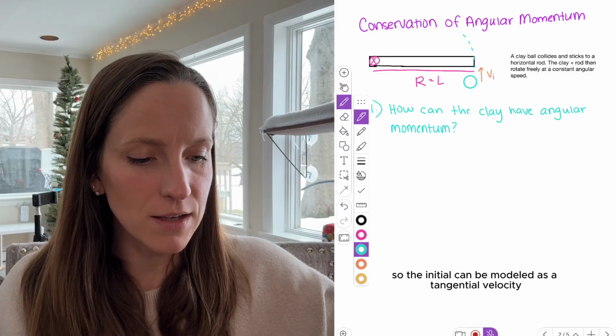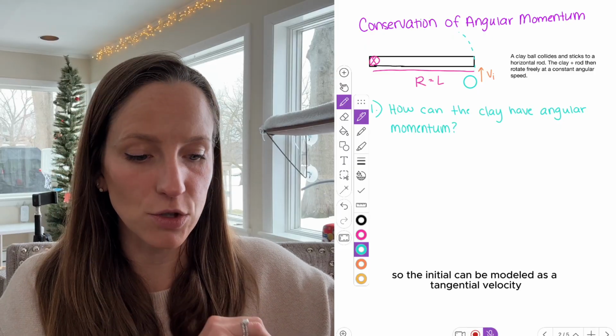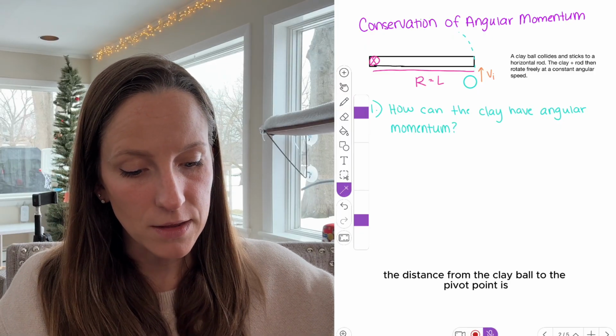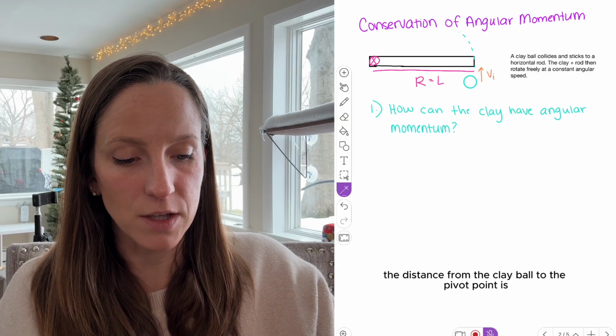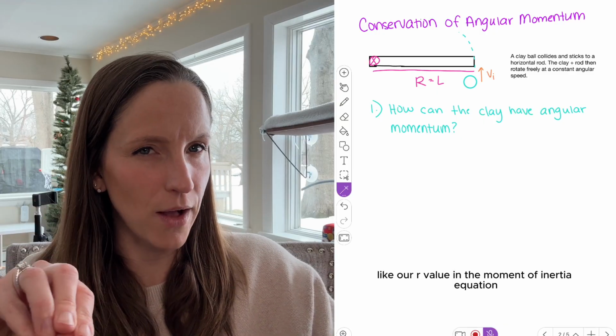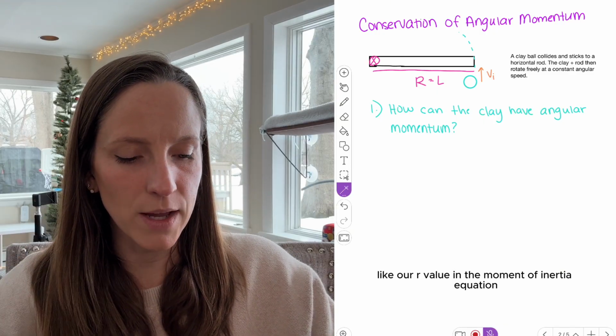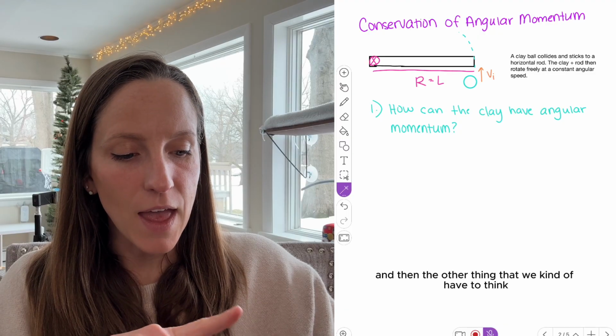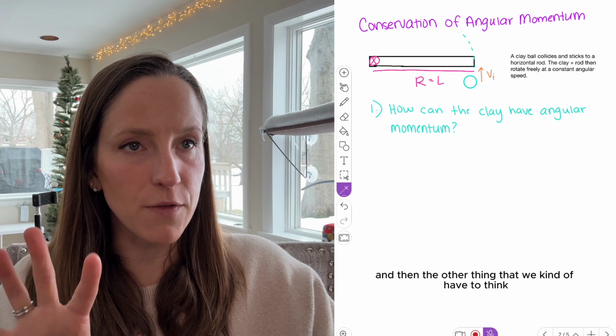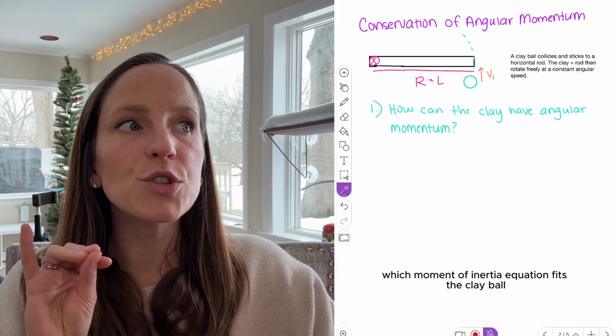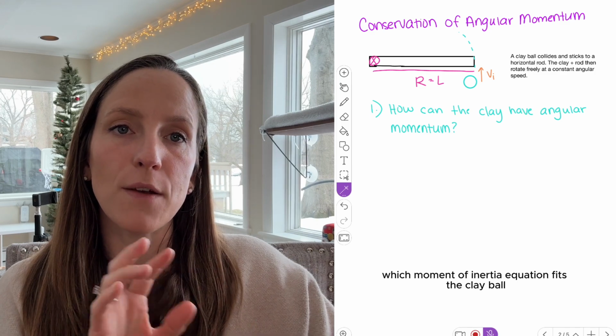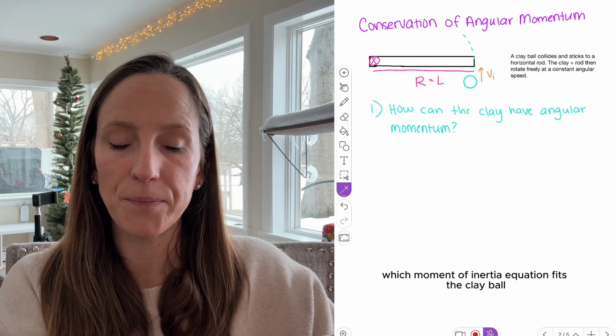So V initial can be modeled as a tangential velocity. The distance from the clay ball to the pivot point is our R value in the moment of inertia equation. And then the other thing we have to think about is which moment of inertia equation fits the clay ball.